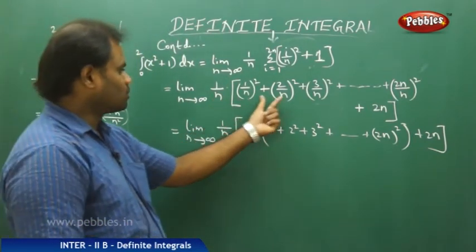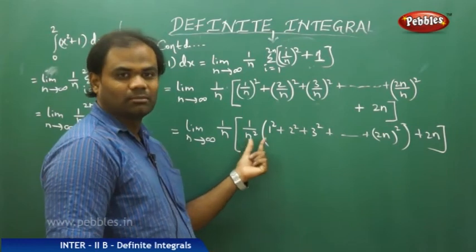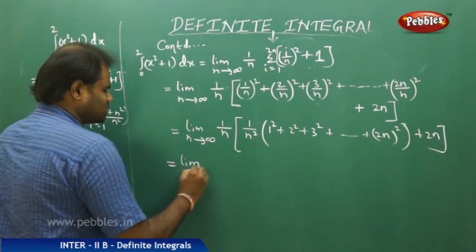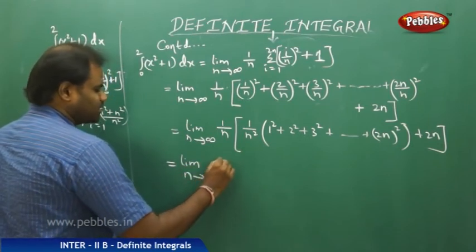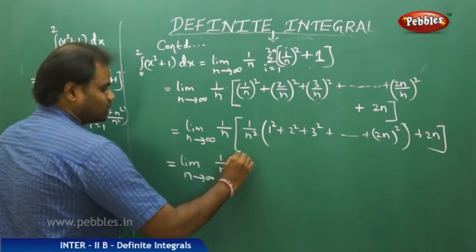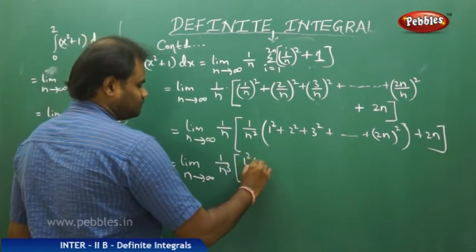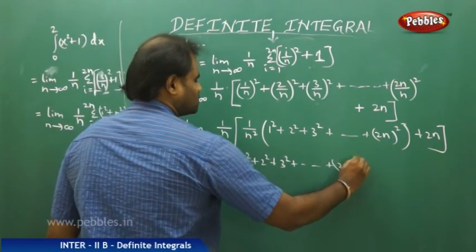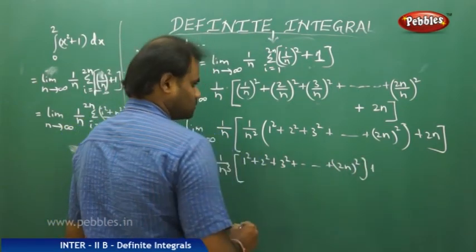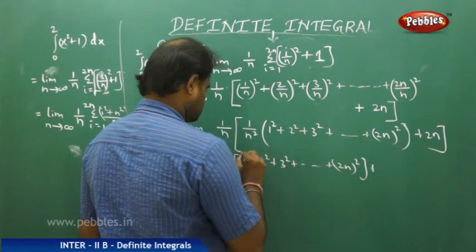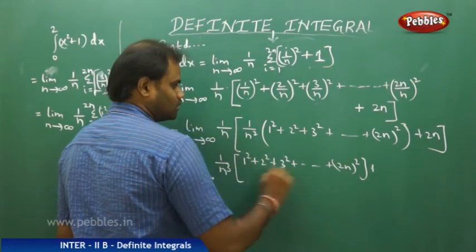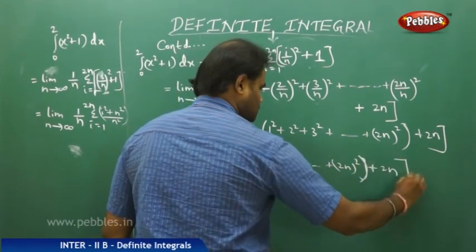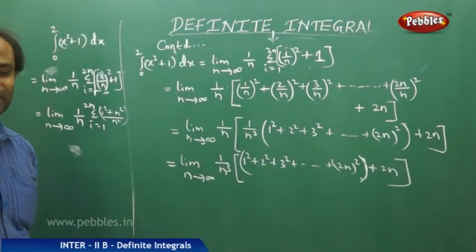So each n squared in the denominator is taken out as the LCM, and we get this. Now this further reduces to the limit as n tends to infinity of 1 by n cubed of 1 squared, 2 squared, 3 squared, up to (2n) squared, plus 2n, is what we get in the next step.